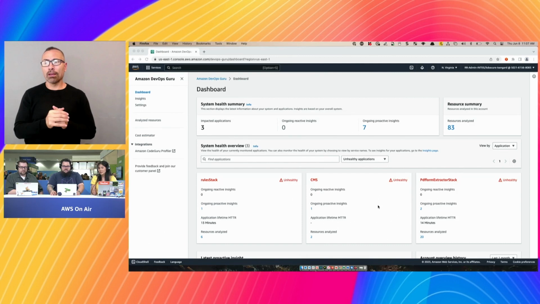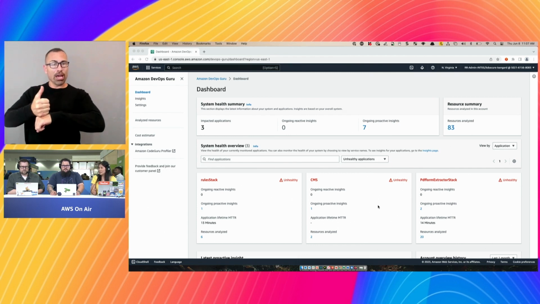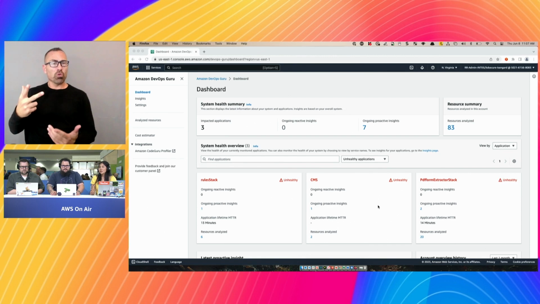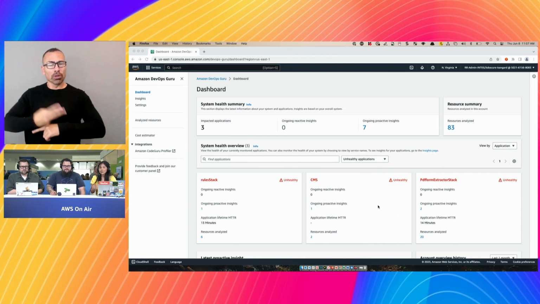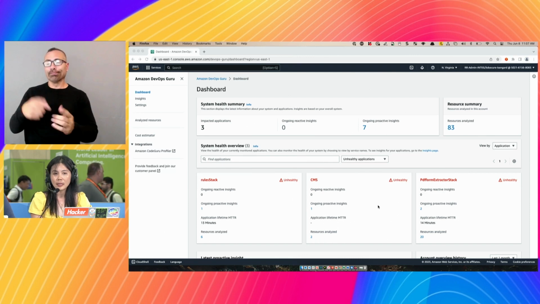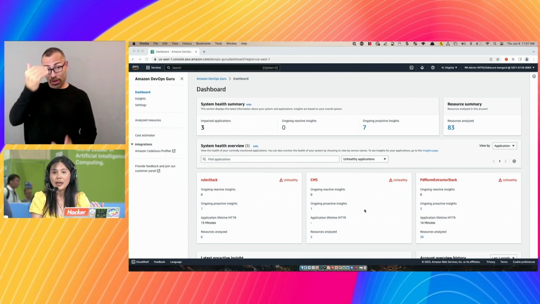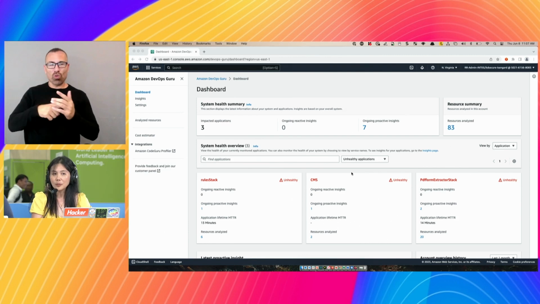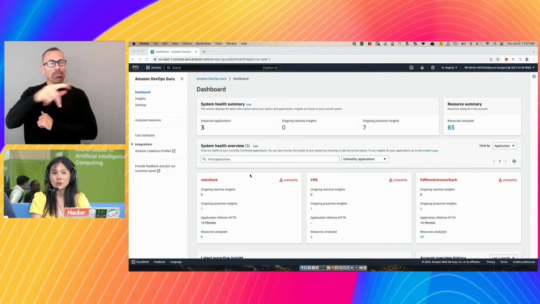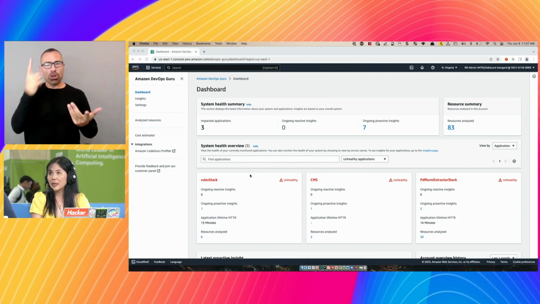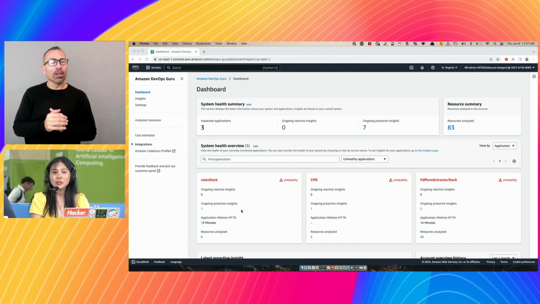Yeah, so this is the first screen. Once you enable DevOps Guru, it will take a few hours to 2 days, and it could go back a few weeks, to learn about your application. Once it has learned, it understands what is normal and what is not normal. Once it sees something not normal, it will show you the health of your application and what kind of insights it detected.